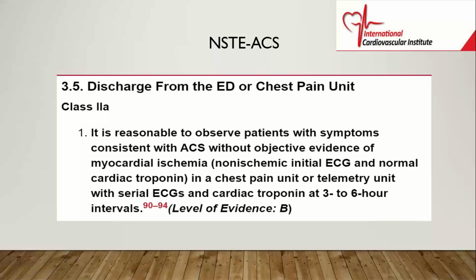So if the patient does not have any objective evidence of myocardial ischemia, that is, the EKG looks okay, and you did multiple ECGs and they're not changing, and the troponin is normal, then you can put them in the hospital, and then you're going to run serial ECGs.